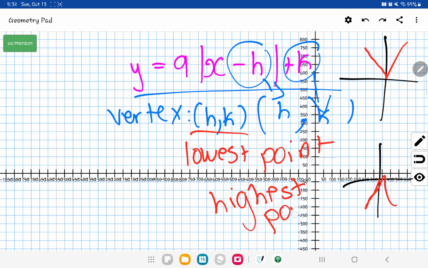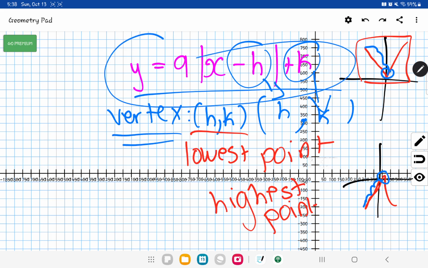As my math teacher says, here it's like you are going down the hill, so here is the lowest point of the hill, and here it's like you're going up the mountain, so here's the highest point of the mountain. So again, if they ever ask you to find the vertex of this function, you would take the opposite of h, the same value of k, not the opposite, and then you have your vertex.